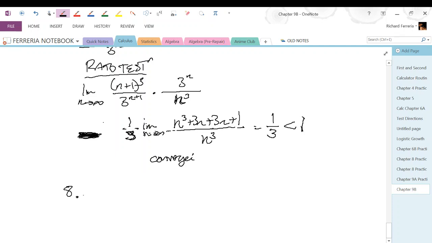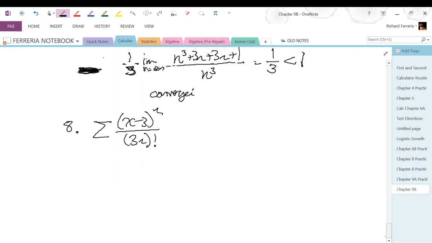8. We have (x minus 3) to the n over (3n) factorial. Okay, let's do the same thing. We're going to do a ratio test, because it's a power series, and the ratio test works really well for power series.